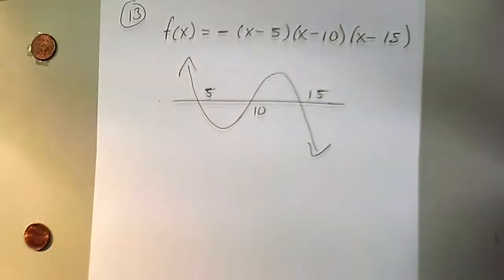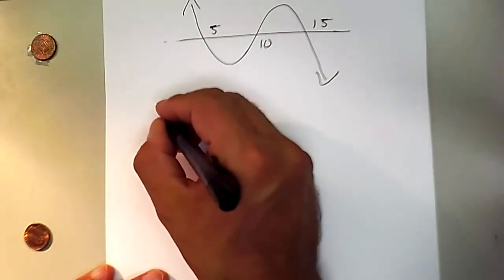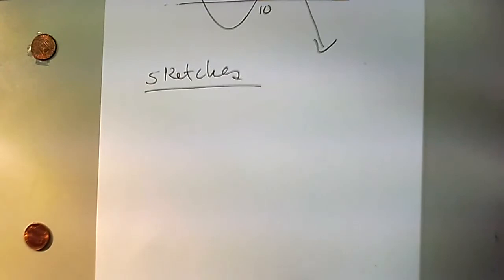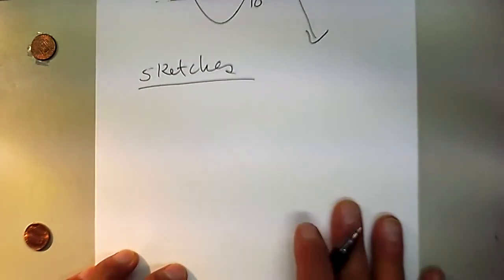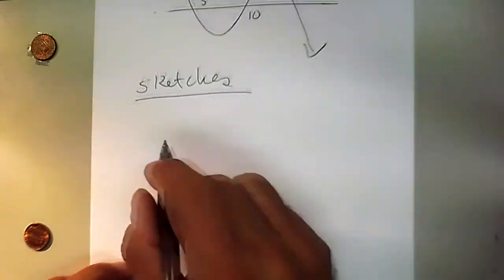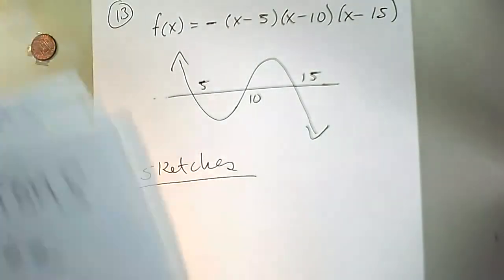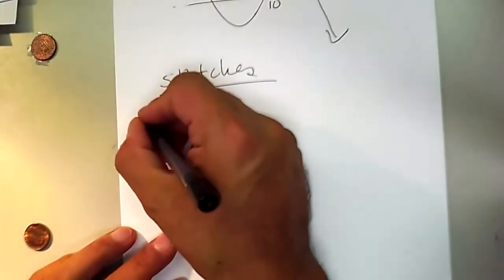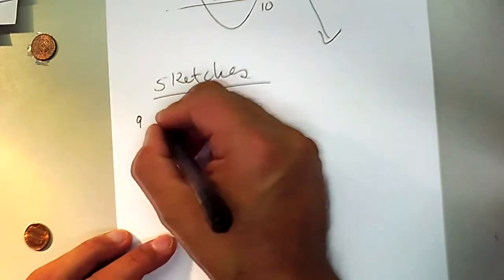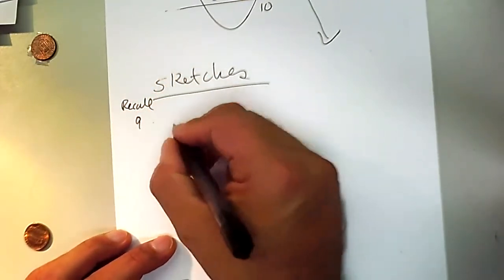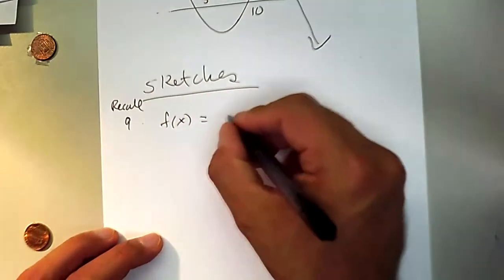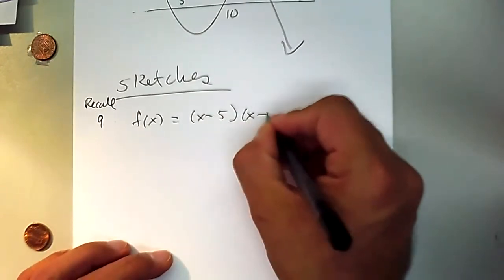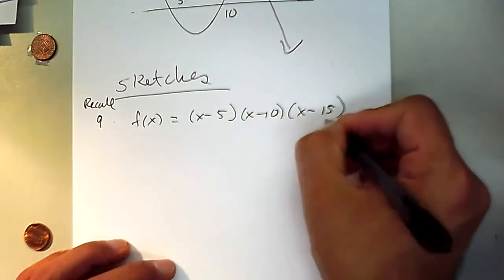Okay. Now, let me emphasize that we are drawing sketches. I spoke about sketches in the last video, but I want to say more about sketches. I'm going to compare what I'm going to do next with example 9. So I'm just going to copy example 9 again. Recall, 9 was f of x equals x minus 5, x minus 10, x minus 15.